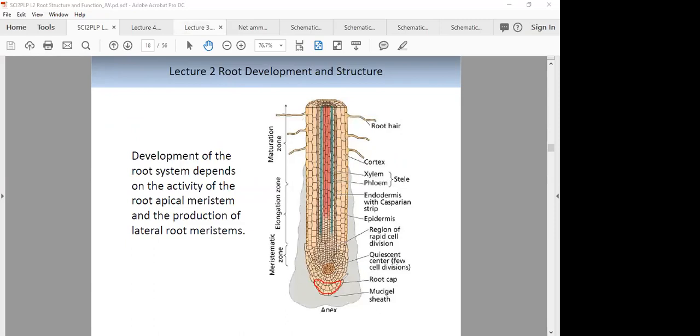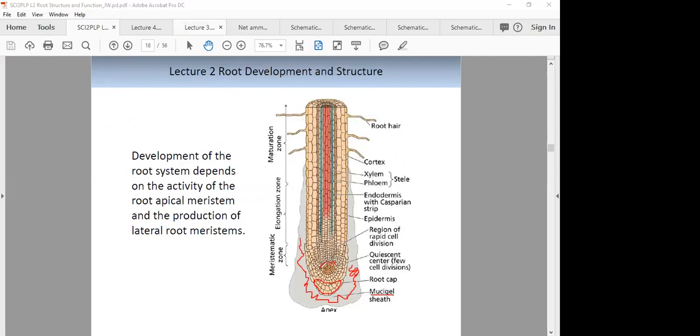And the answer is actually here on this slide. And if you don't know, just say no idea. Mucigel, perfect. There it is there, mucigel. Okay, and that's supposed to be this grey region that you can see around here. Okay, so that's the mucigel.